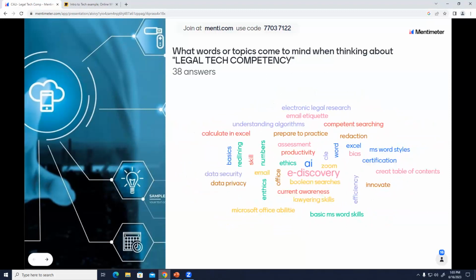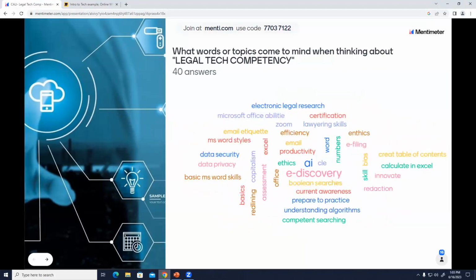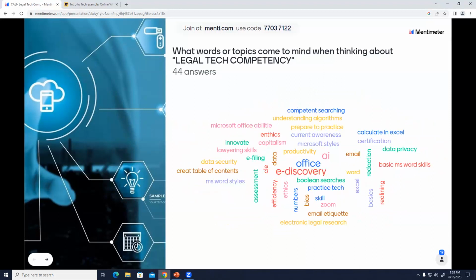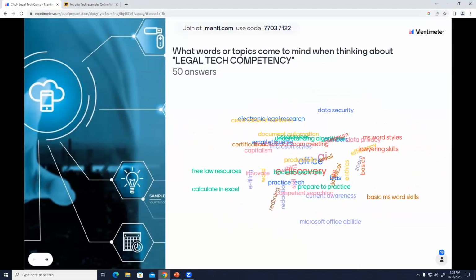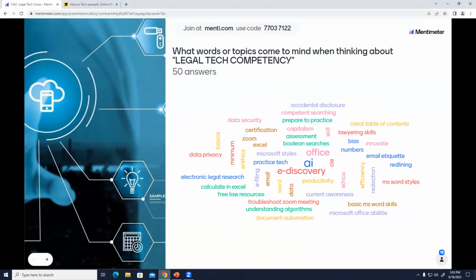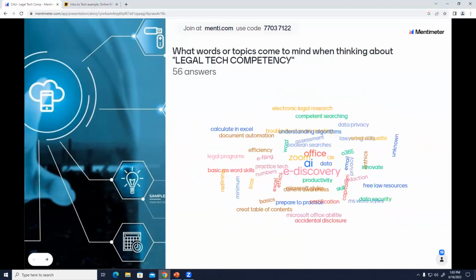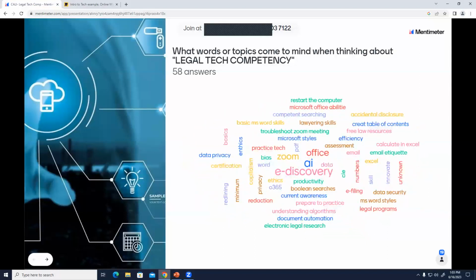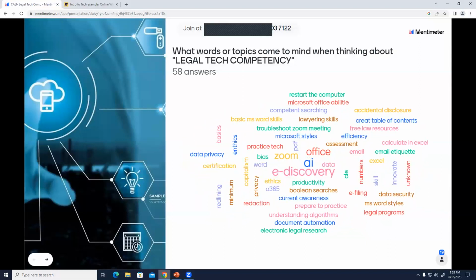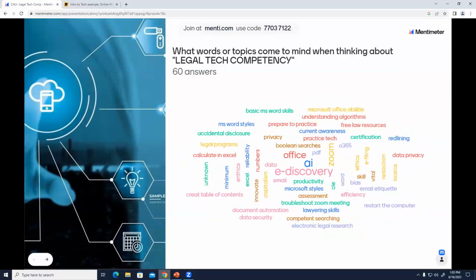AI is like in the center, growing in the center. I haven't had to mention ChatGPT yet. I thought I was going to get away with that. Office, accidental disclosure, competent searching. E-discovery is giving AI a run for its money. Microsoft is in there a lot in different ways, but I feel like if you concatenated them, they would take up a pretty large word space.